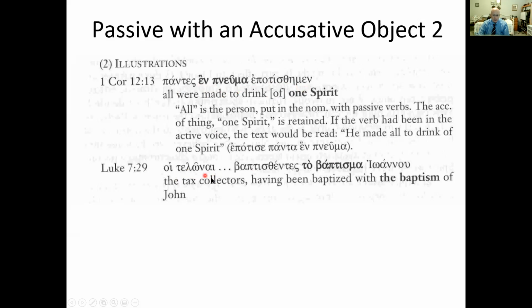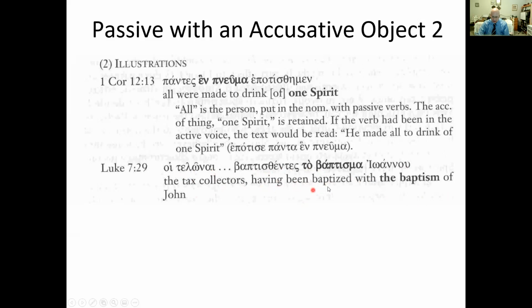Hoi telonai baptisthentes to baptisma Ioannou. The tax collectors, hoi telonai. After they were baptized with the baptism of John. I'm going to change the translation here.